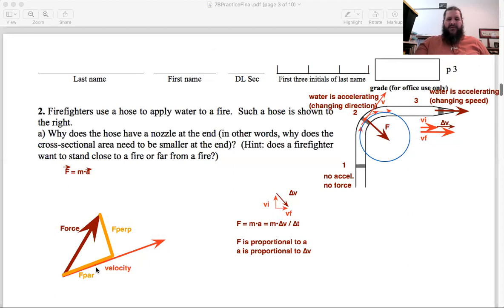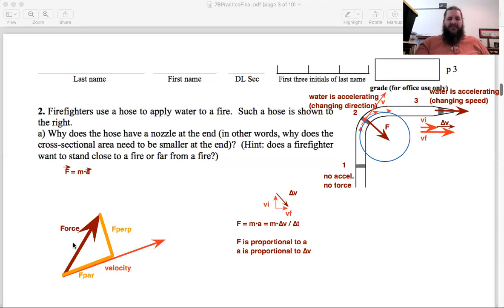So by splitting the force into components, we can look at each piece individually. We can find the parallel component of the force, assuming we know this angle. That tells us how fast the object is getting faster, how much the speed is changing per second. And the perpendicular component of the force tells us the object's path is curving.